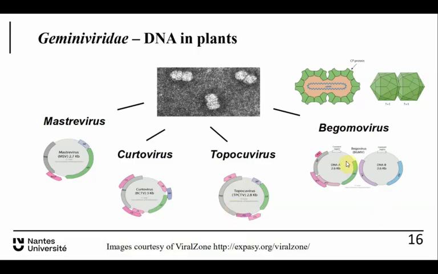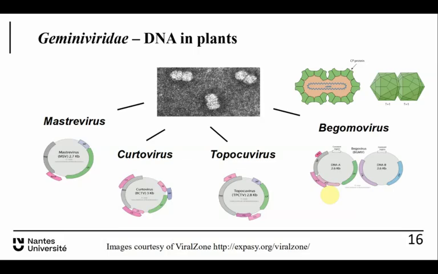Now, Begomoviruses are an interesting case because they have the genome spread on two different DNA molecules, DNA A and DNA B. In DNA A, you've got the capsid protein and the REP protein. We don't have a movement protein on here.